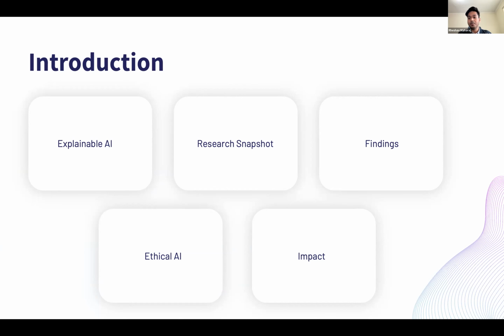That will be covered by a research snapshot, just a summary of the details that I have gathered over the past few weeks. And as a recurrent topic over the presentation, you'll notice the impacts of explainable AI on current AI systems within intelligent transport systems, as well as the impact it can have on future systems.